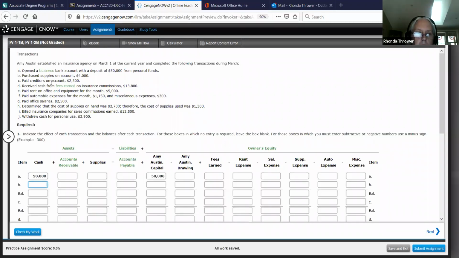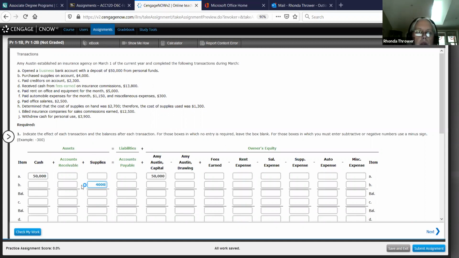And since supplies is an asset, we're going to record the amount of the supplies in the supplies account. And the amount of that supplies is going to be $4,000. In other words, our supplies is increasing because we bought supplies. Our company now has more supplies than we had before this transaction.